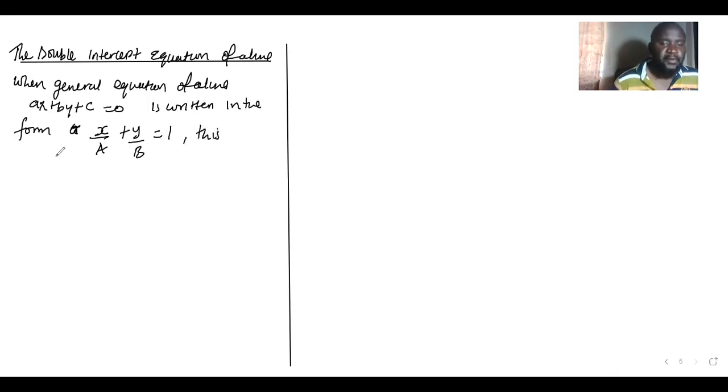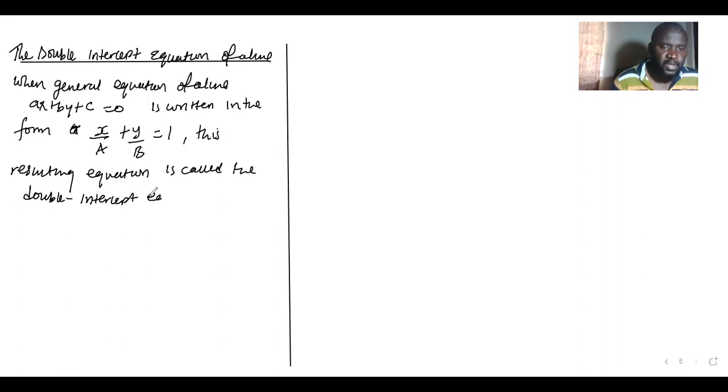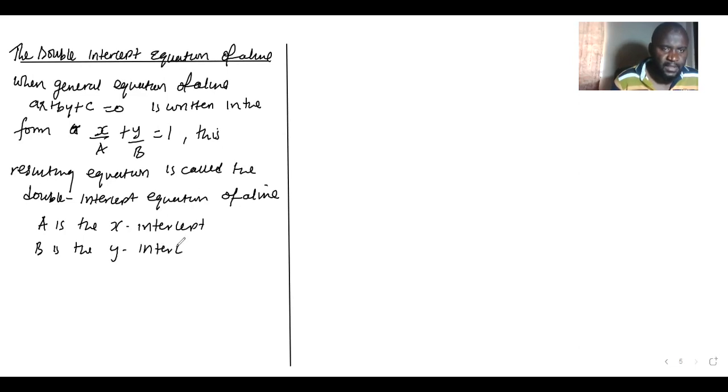Then this resulting equation is called the double intercept equation of a line, whereby A is the X-intercept, and B is the Y-intercept.